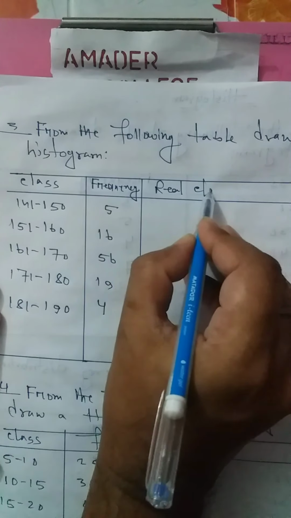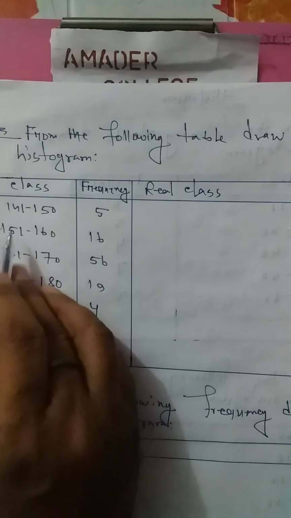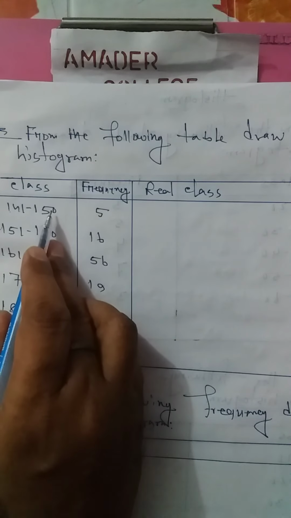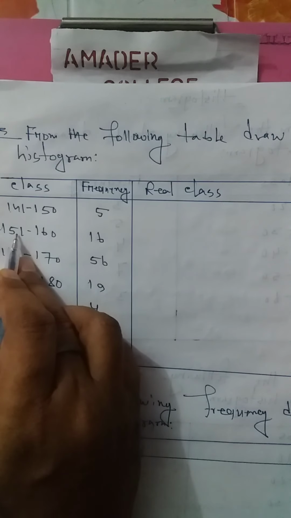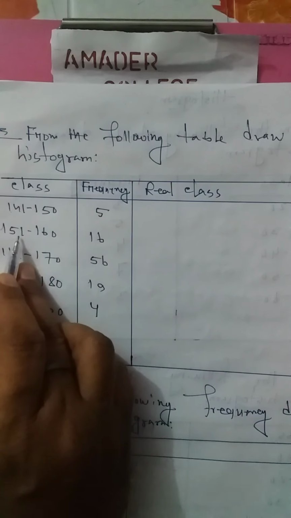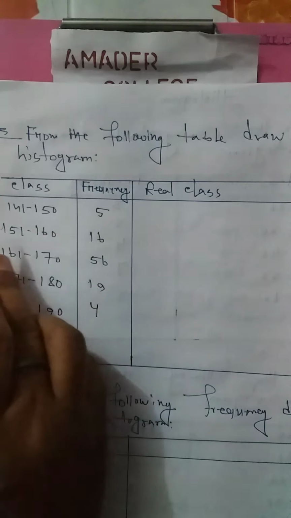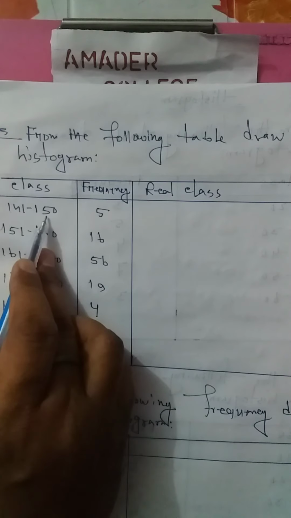The real class rule: take the difference between the upper limit and the lower limit, which is 1. Divide by 2, 1 divided by 2 is 0.5. Subtract 0.5 from the lower limit and add 0.5 to the upper limit.